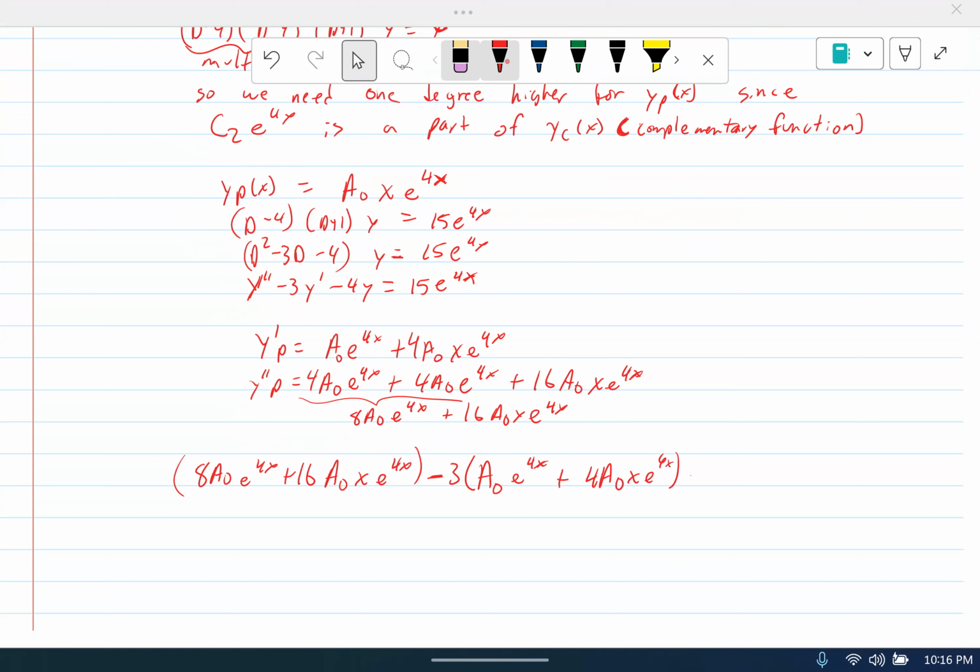Okay, and then minus 4 times y p, which is just a naught x e to the 4x. Okay, and that is equal to 15 e to the 4x.